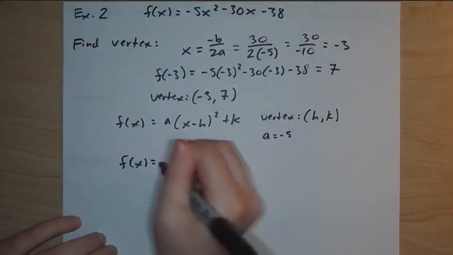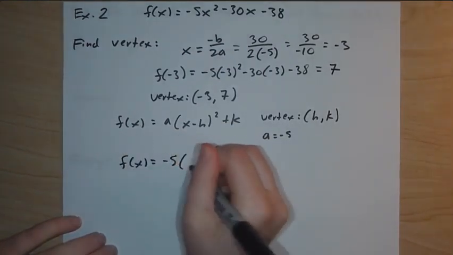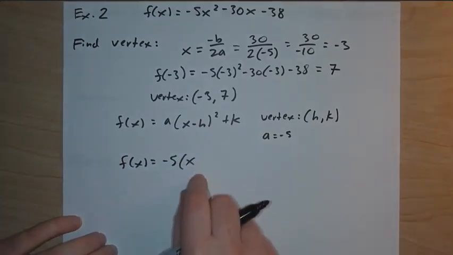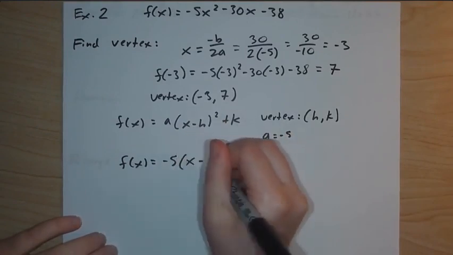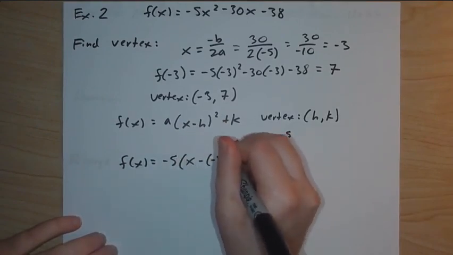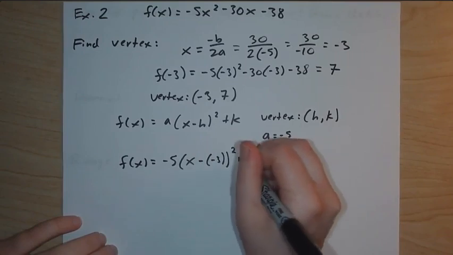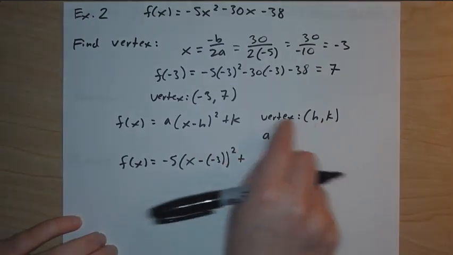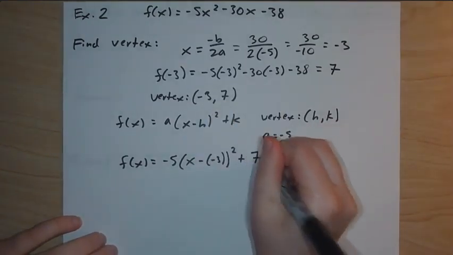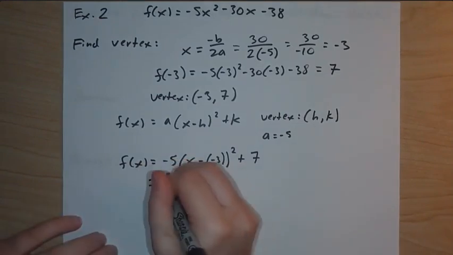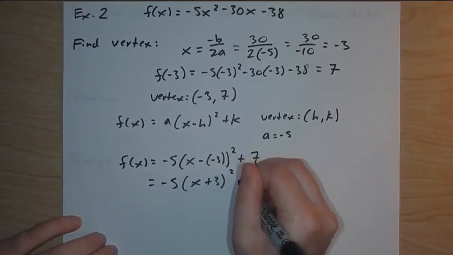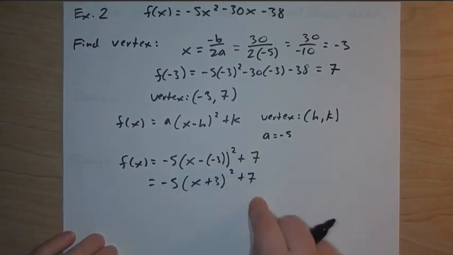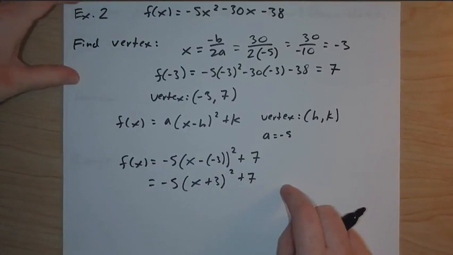So f of x is equal to negative 5 times x, and we have our h is negative 3, so it's x minus negative 3 squared, and then plus k, where k is 7. So this is the same thing as negative 5 times x plus 3 squared plus 7. So this is the shifted vertex form. We will be using this in the future.